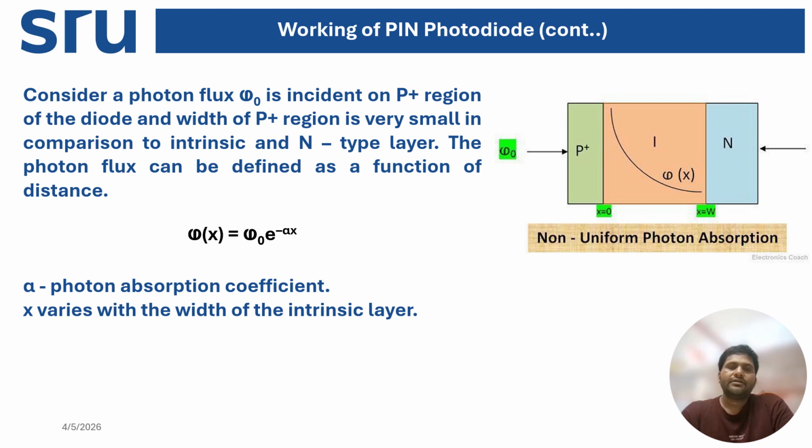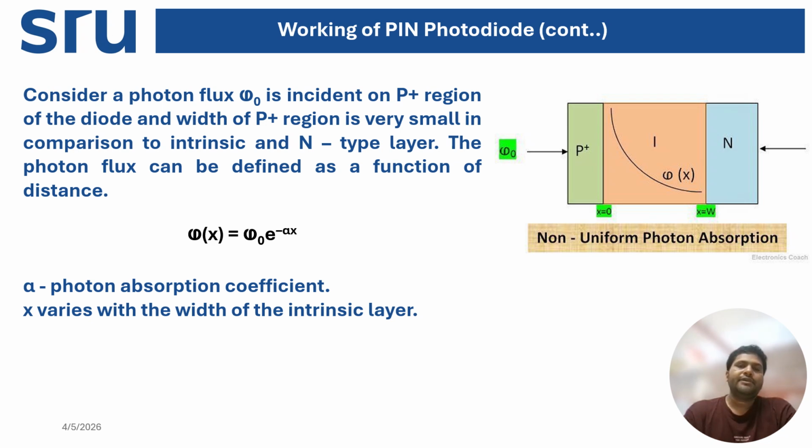Next, in this slide we are analyzing how photon absorption occurs inside the PIN photodiode. Let us consider that a photon flux phi naught is incident on the P plus region of the diode.